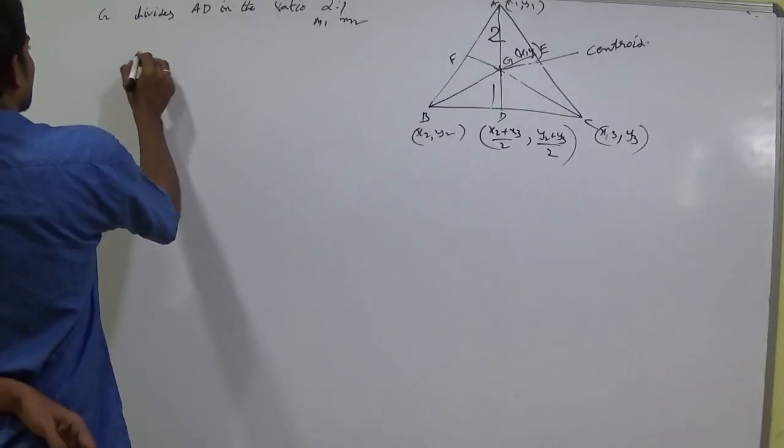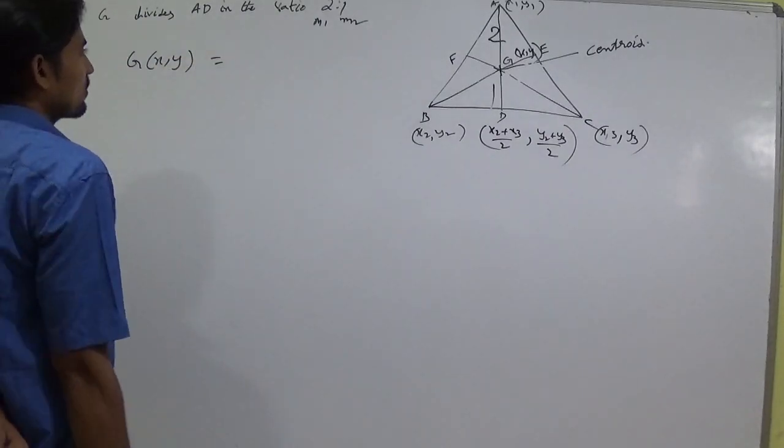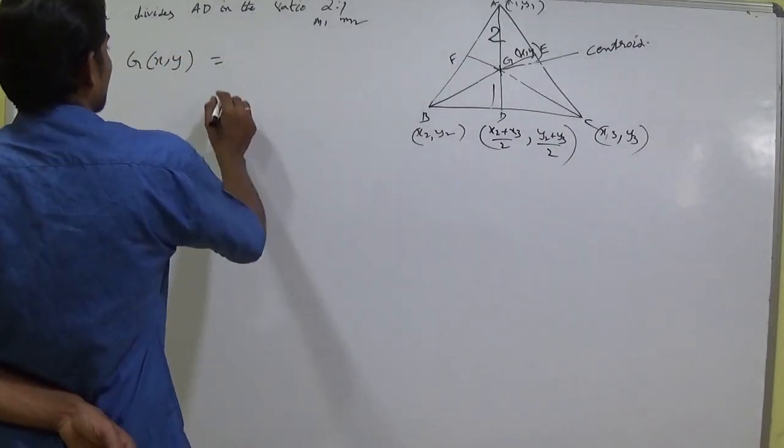Coordinates of G by the section formula: G(x, y) equals m1 x2 and so on.